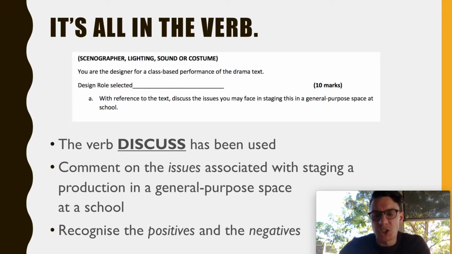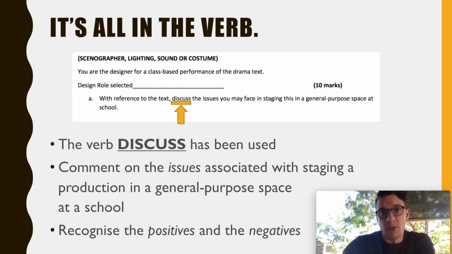So you might be able to change it. But the downsides are that it is quite a small space, an intimate space. The black box at our school, for instance, is a general purpose space built at a school. So when we think about that general purpose space, we think of our school at the moment. We think, it's good, but it's not great. So we would present some fors and against. Discuss obviously being the verb there.